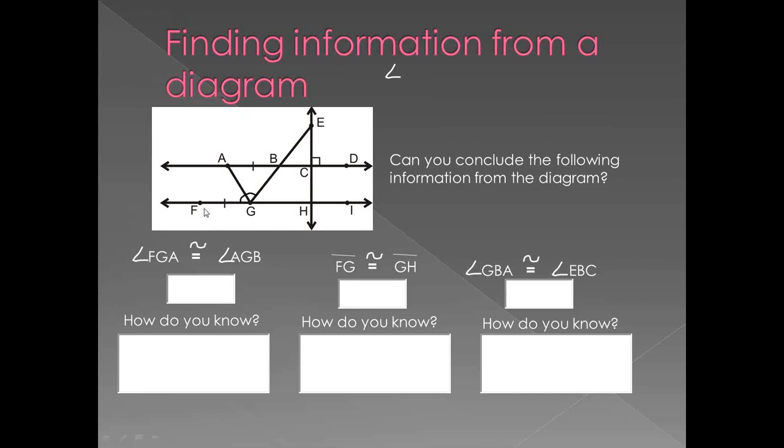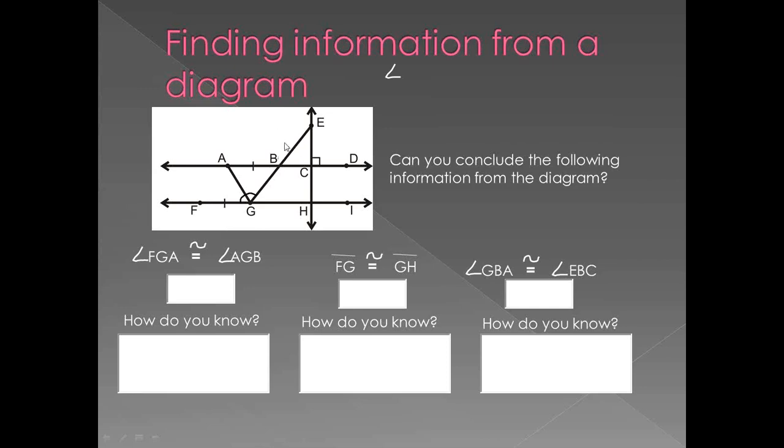You're going to have little dashes like these, little half circles like this, right angle signs. If you have the same markings on any part of the picture, that means they're equal. So since there's one line here and there's one line here, FG is equal to AB.